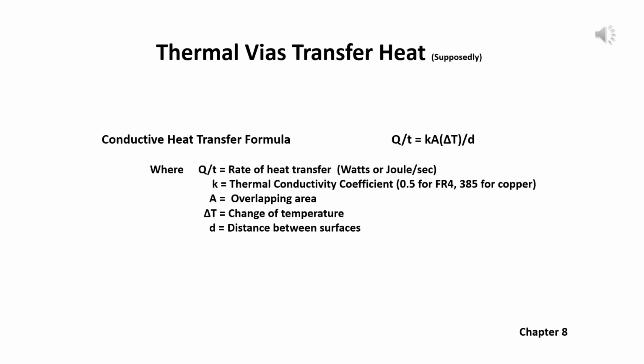A is the overlapping area between the heated pad on the top layer and whatever the via is connecting to on the bottom layer. Delta T is the change in temperature between the top layer and the bottom layer, which is also the change in temperature between the heated pad and the opposite side of the board. And d is the distance between the two surfaces, which is probably the thickness of the board.